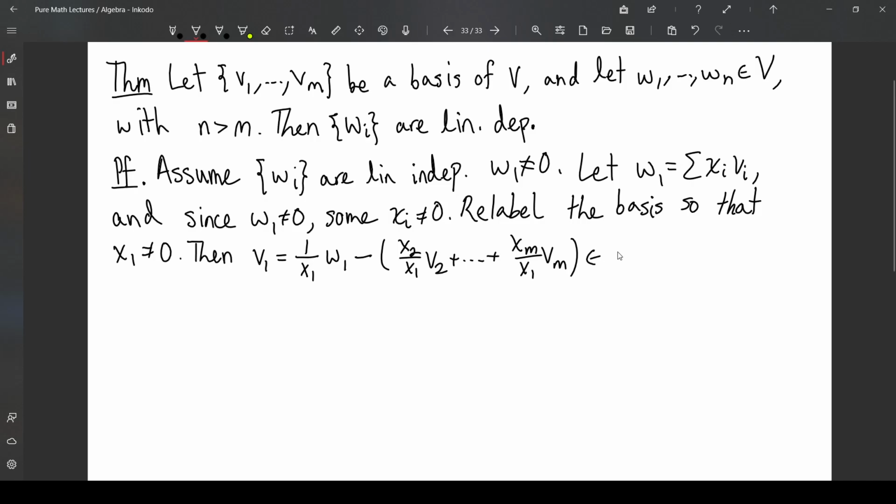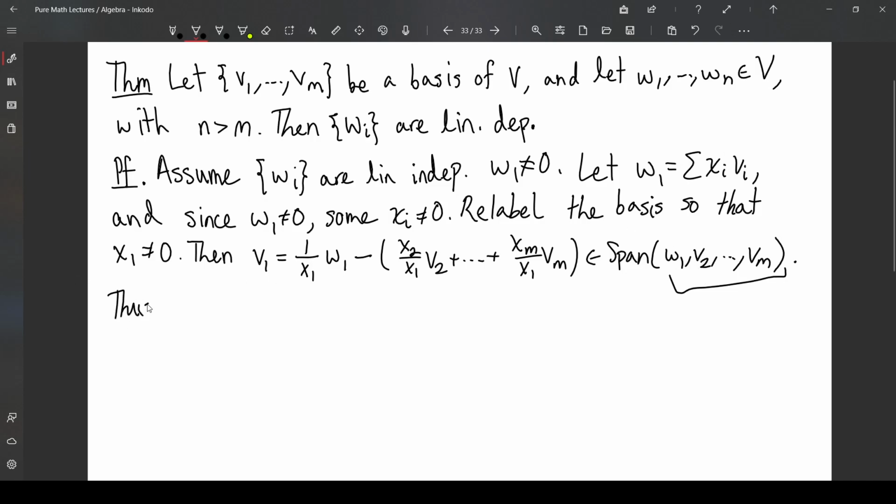And notice that this is an element of the span of the vectors w1, v2, up to vm. So these vectors span some subspace of V, and that subspace also contains this missing basis vector. So that means the basis for V is contained in the span, which means the span is actually equal to V.